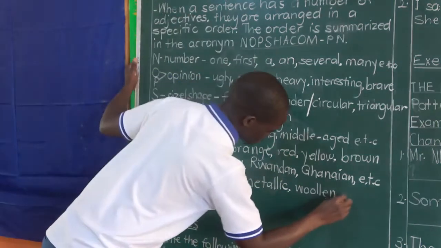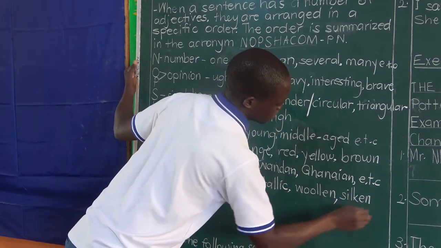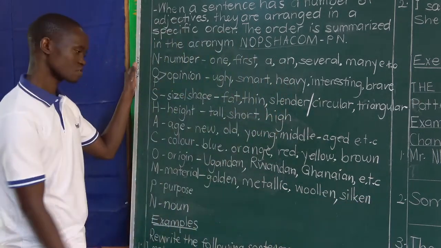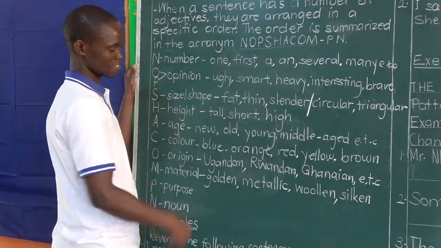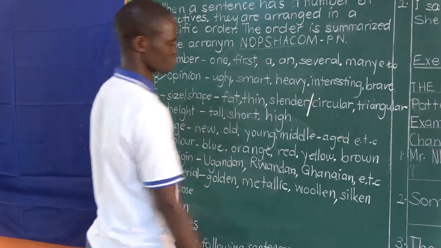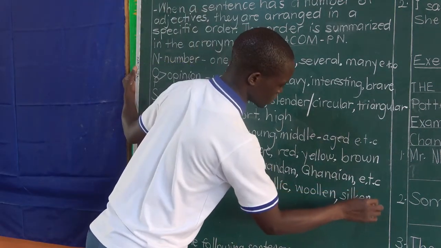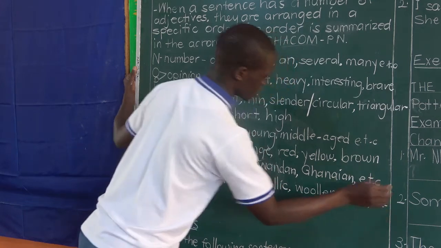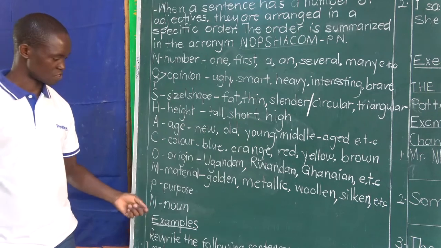Then its adjective is silken. We have cotton, but cotton remains cotton. Cotton is a noun as well as an adjective. Cotton can come in there as well, and so on. You can't complete the list. There are very many adjectives of material.